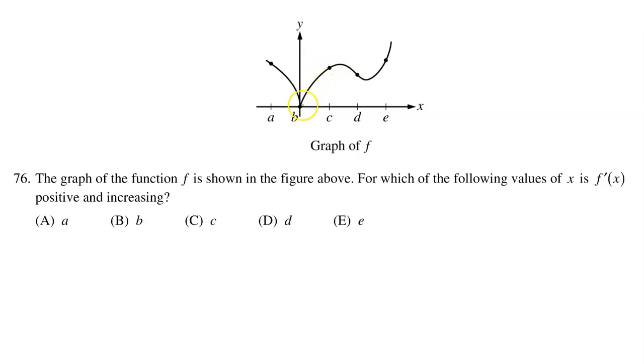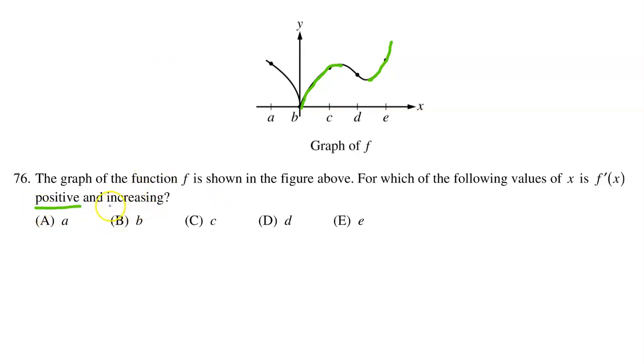So f is increasing from here to about here, and then it's decreasing for a while, and then it is increasing again through here. So in these two zones that I just colored green, f is increasing, which means that f prime is positive. So we've taken care of that.